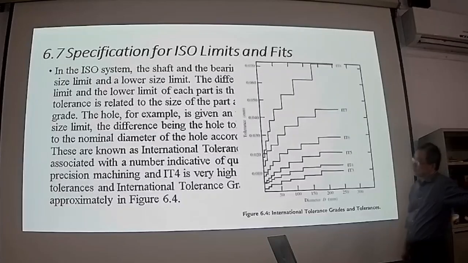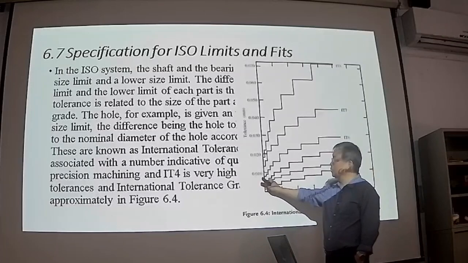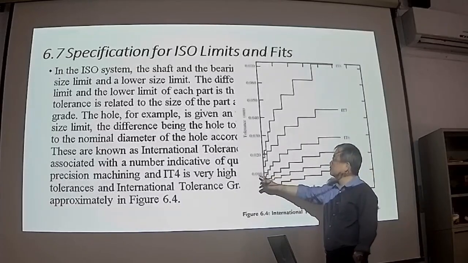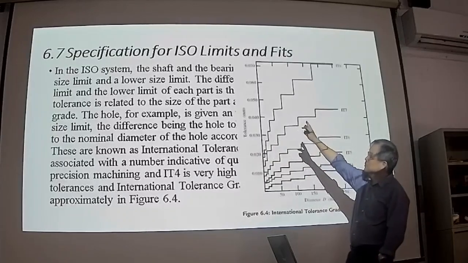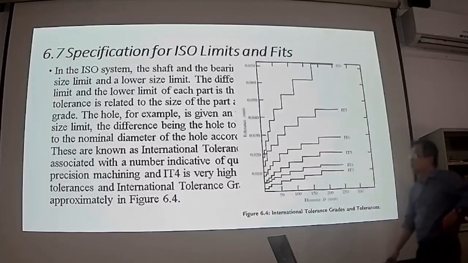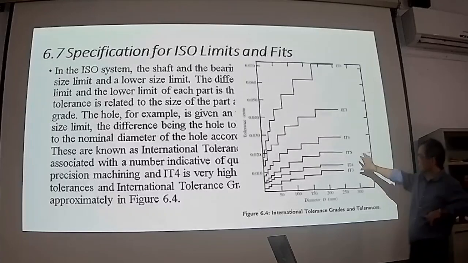So this is millimeter, which means this is 10 micron for this one, 20 micron, 30, 40, 50, 60, 70 micron. For most hydrostatic bearings, it's in the category of IT3 to IT5.